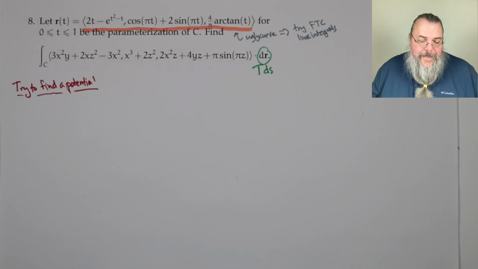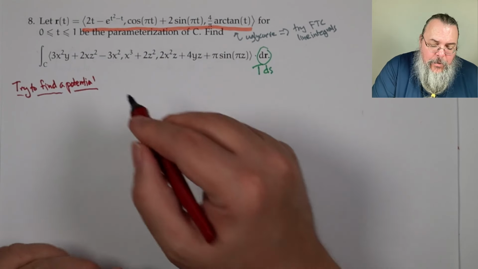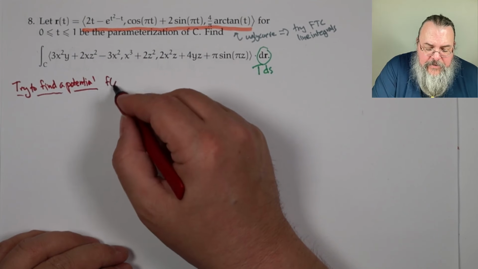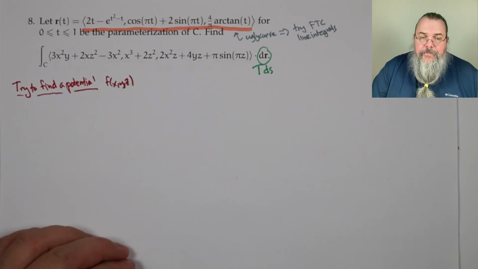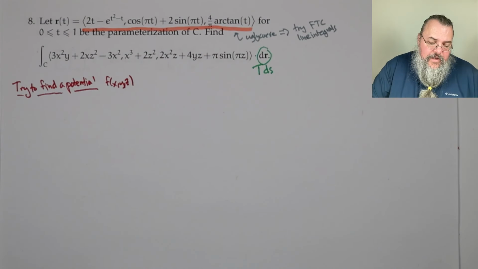Now, what's going on? Well, when we talk about finding a potential, we're looking for a function f of x, y, z. And we have three pieces of it.